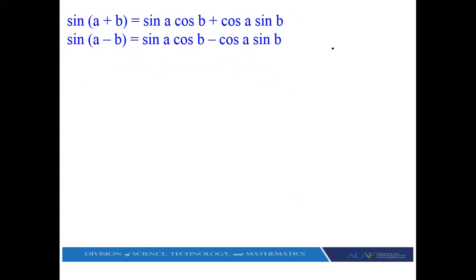Okay, now we have some different formulas. Some are different formulas, but give me just 1 minute.